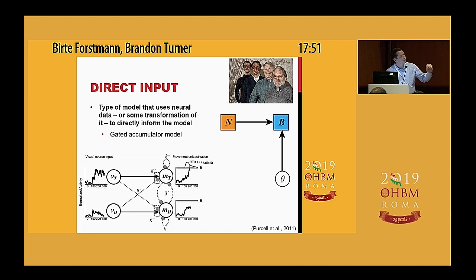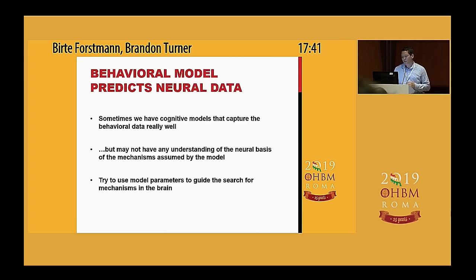And so they tested various components of this model and eventually concluded that a gating mechanism works really well, but I'll leave you to that paper. Okay, so another approach is to use a behavioral model to predict neural data. Sometimes we have models that really describe the cognitive model very well, but they may not really give us any understanding of what the neural basis of the mechanisms are, right?